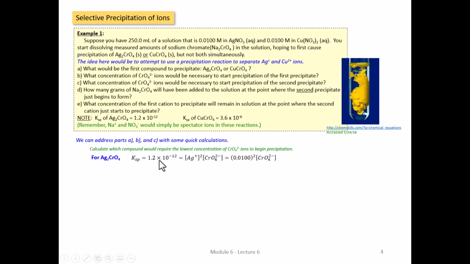calculate that by writing out the KSP expression for silver chromate, which would be here. Remember, the silver ion concentration would be squared because there's 2 silver ions in this formula. And what we know is, we know the concentration of the silver ions. It's 0.0100 molar. So we'll put that in here and square it.